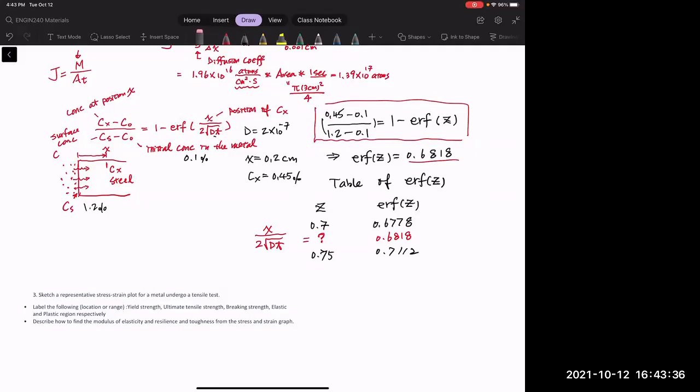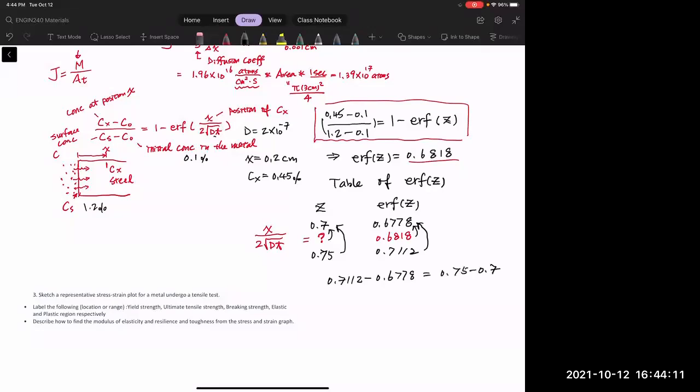So you say, oh, from 0.75 to 0.7, I have a distance of this much. And then now I'm changing to this one here, and the difference will be these. So you take the difference of the ERF numbers, 0.7112 minus 0.6778. This will give you the difference of 0.75 minus 0.7.